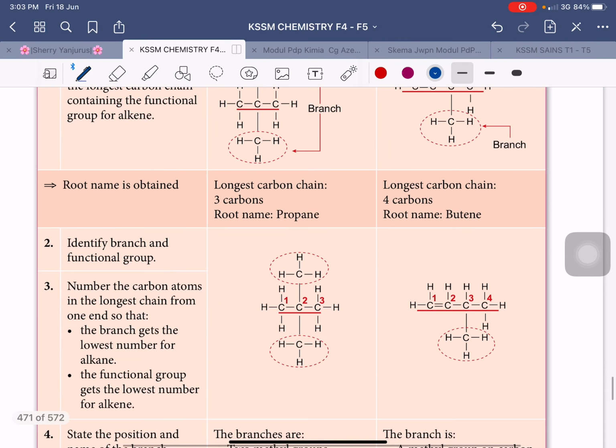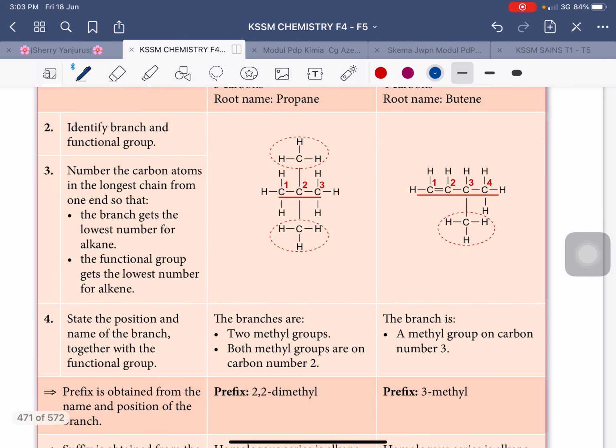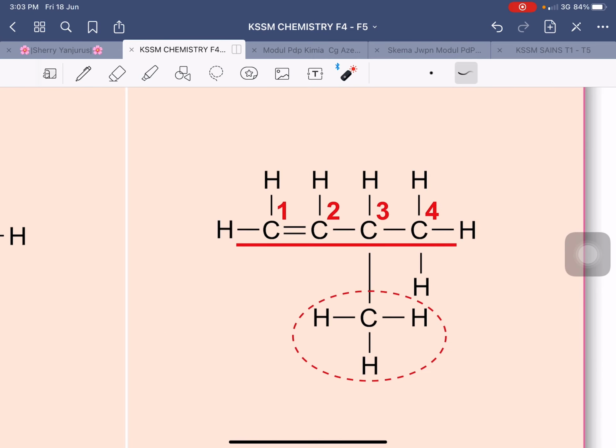Let us go to the textbook and look at this one. You see this: the functional group gets the lowest number for alkene. Functional group gets the lowest number. That means, look at this one, 1 and 2. You get 1 for this. Why? Because the double bond is between 1 and 2. So you choose 1.